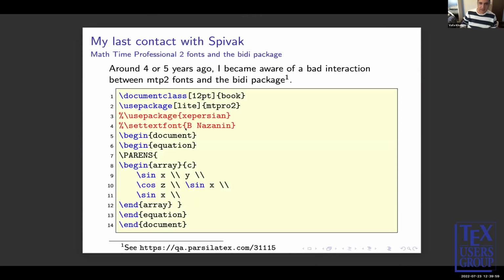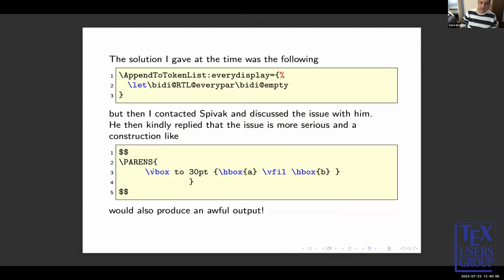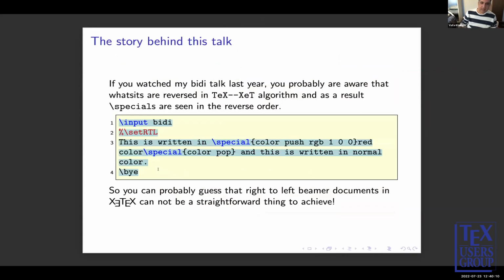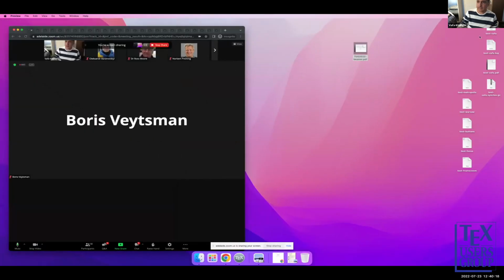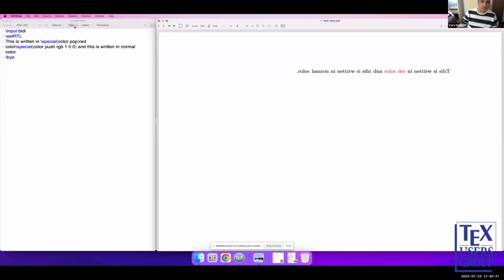Okay, so this is the minimal example that I talked about, and the solution. And here is the example I just showed. So I can show it again to you.